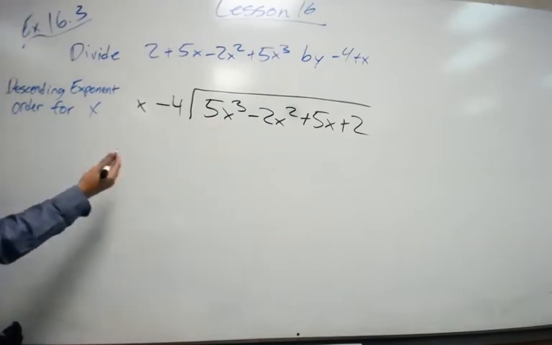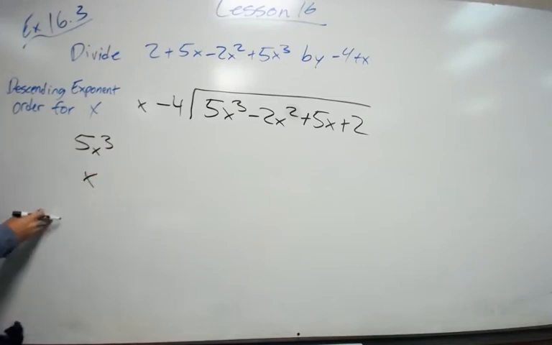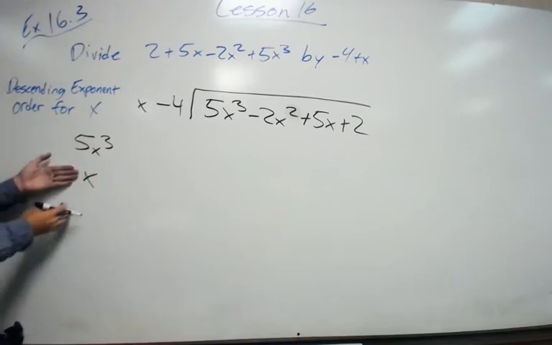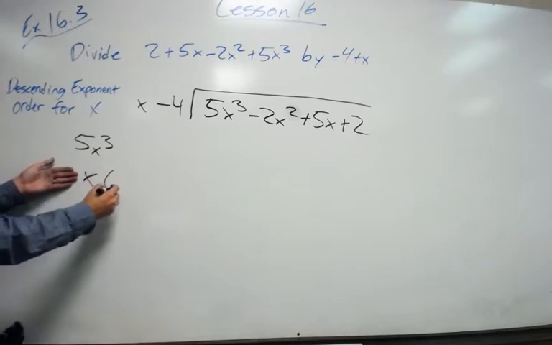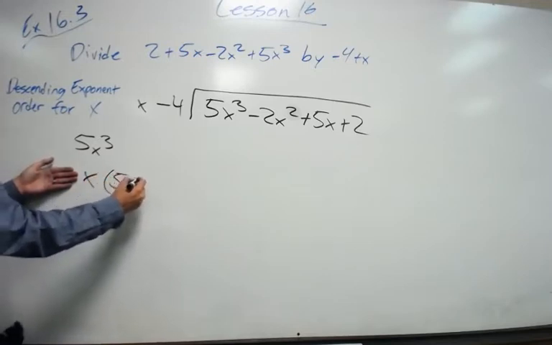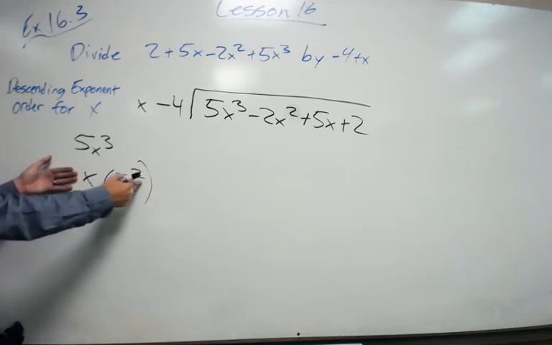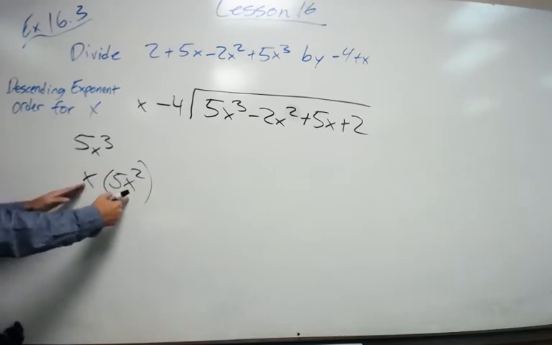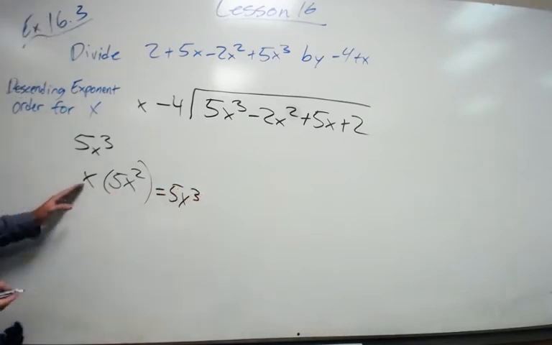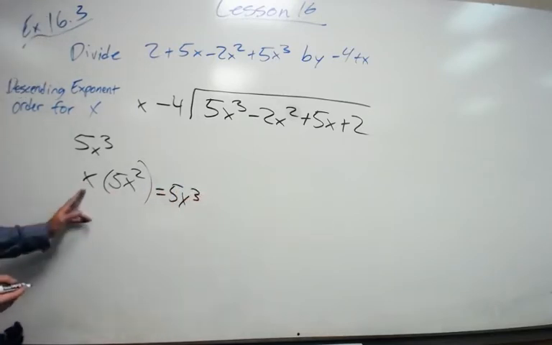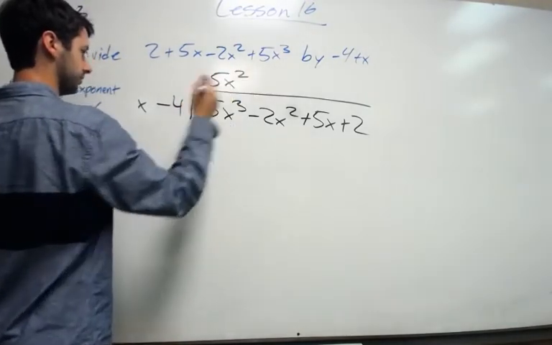So if I looked at it this way, we have 5x cubed and x. What is the x missing to be 5x cubed? Well, it needs to be multiplied by 5x squared. We got the 5, and then we multiply x squared. If these were multiplied, it would equal 5x cubed. So we multiply by 5x squared.